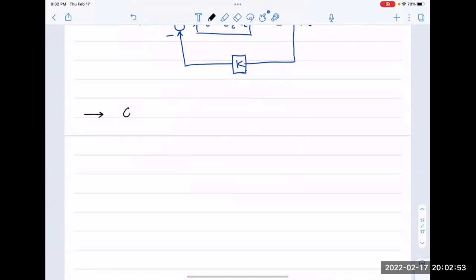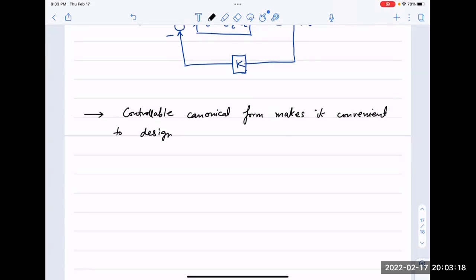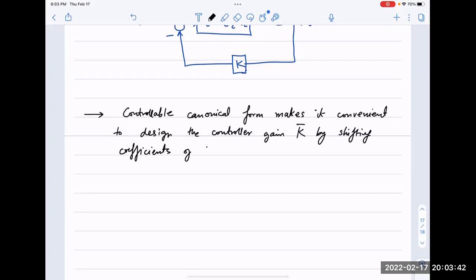Another summary item is the fact that, I hope people appreciate this, controllable canonical forms make it very convenient to design the controller gain K or K bar by shifting coefficients of the characteristic polynomial.